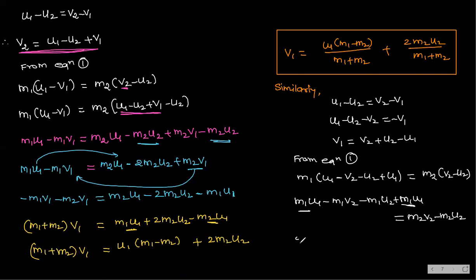So can I write like this? 2 M1 U1 minus M1 V2 minus M1 U2 is equal to M2 V2 minus M2 U2. Okay, let's go to the next page.